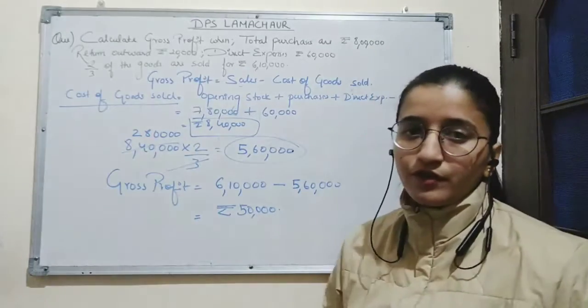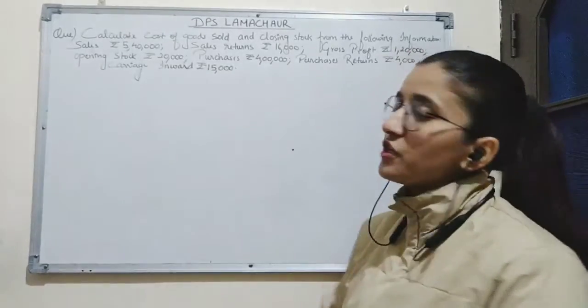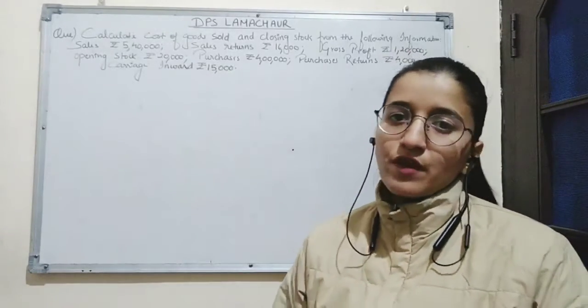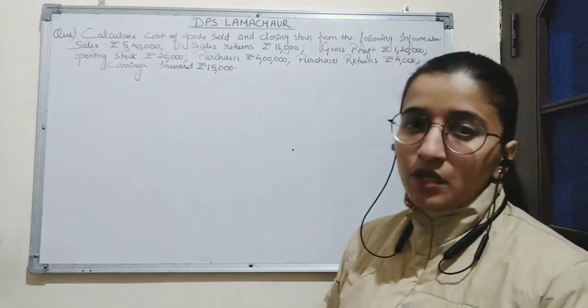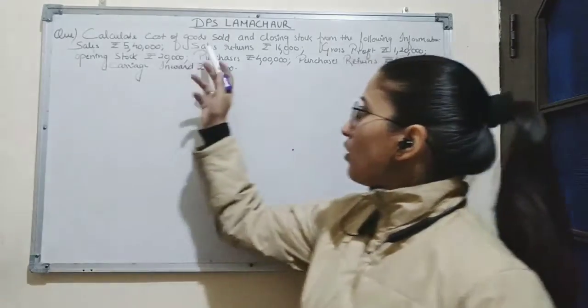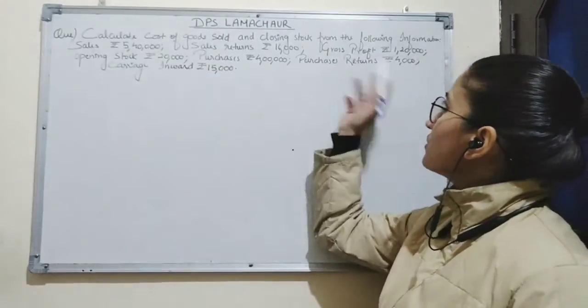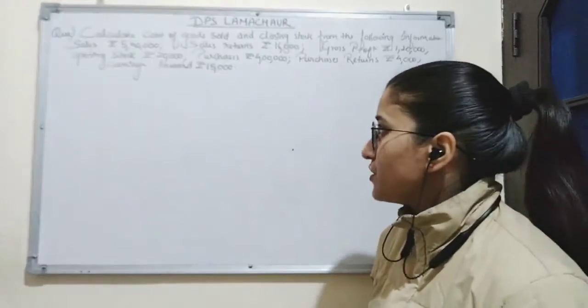and gross profit. Now here is another question based on the same formula which we have discussed in the previous question. Question here is, calculate cost of goods sold and closing stock from the following information.